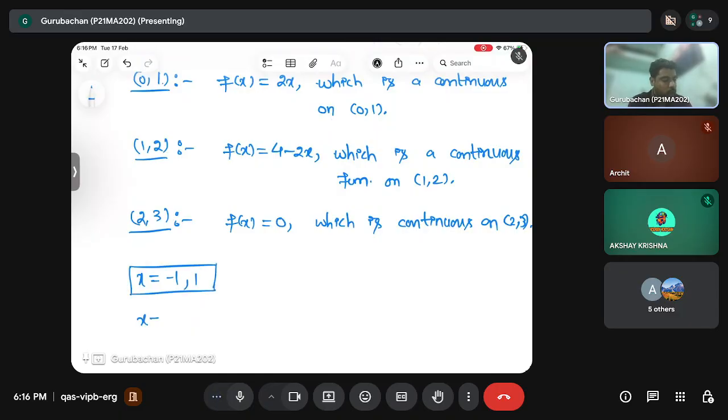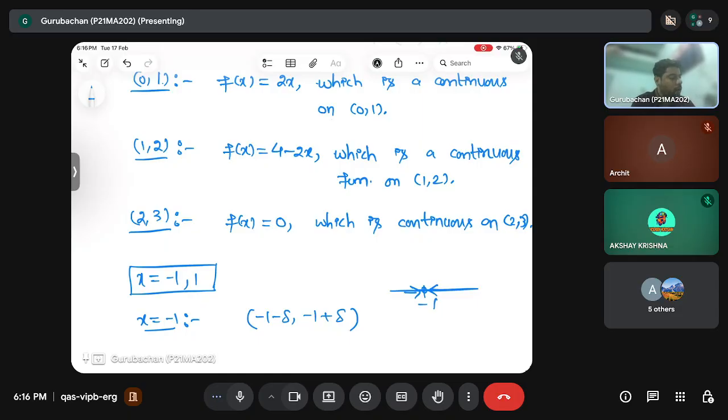Now at x equal to minus 1. If you see the lectures, you obviously know that in case of limit we need a neighborhood of this minus 1, so that you can approach this minus 1 from the left and from the right.